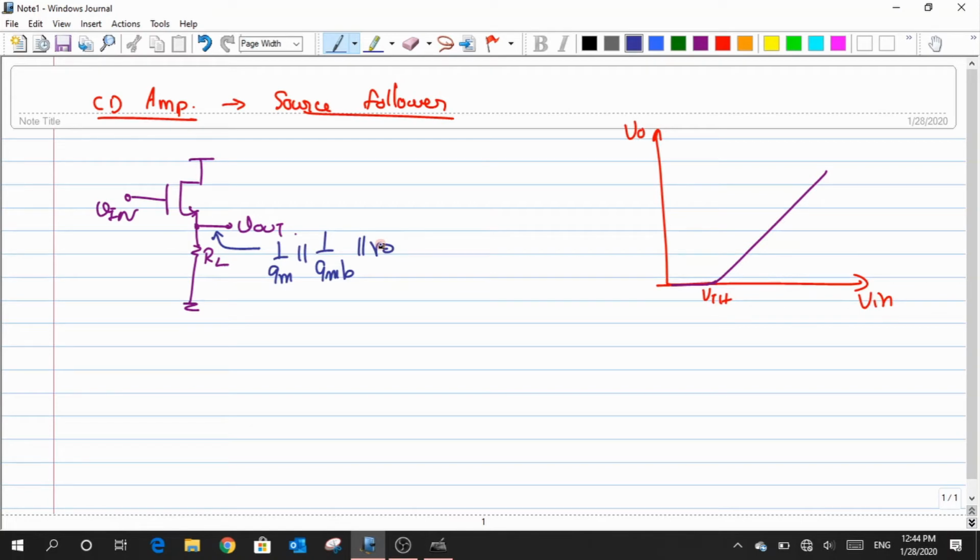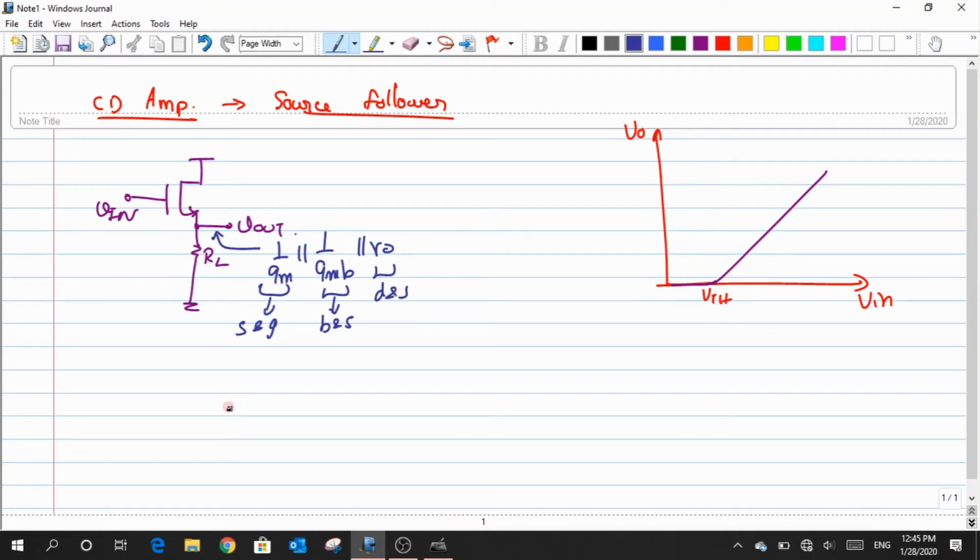Now all of these three resistances are connected to the source, but the other ends of those resistances are not connected to the same terminals. So what we found is that this 1 by Gm connects between the gate and source, this was connected between the body and source, and this was connected between the drain and source. That is how we visualized the entire phenomenon, and then we utilized our voltage divider rule to get down to this gain expression.